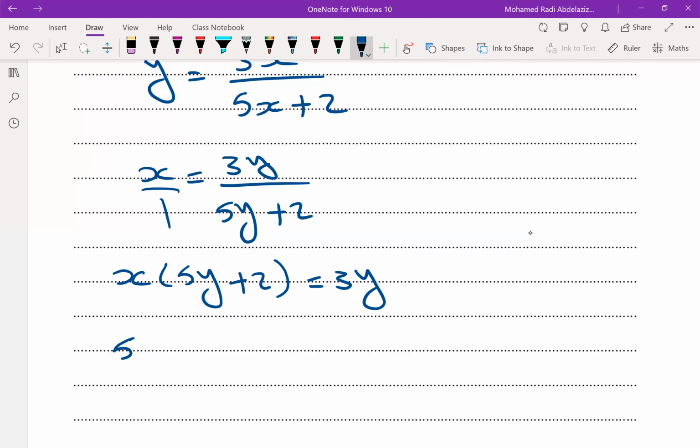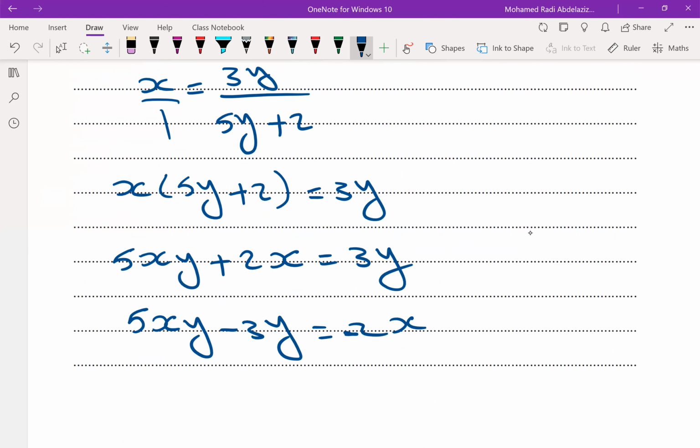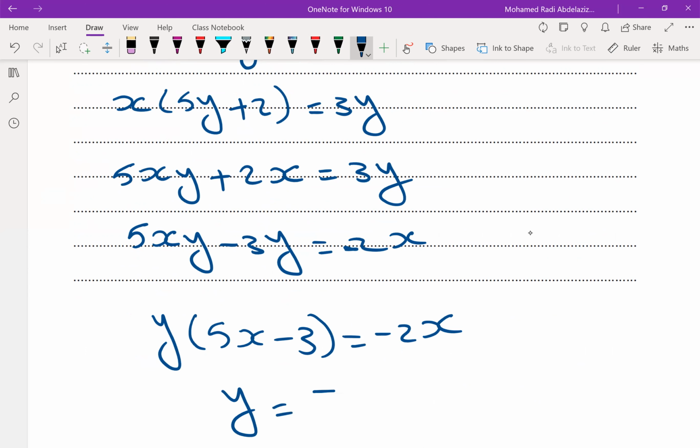Expand: 5xy plus 2x equals 3y. To get y as the subject: 5xy minus 3y equals negative 2x. Taking y outside: y times (5x minus 3) equals negative 2x. So y as the subject is negative 2x all divided by 5x minus 3.